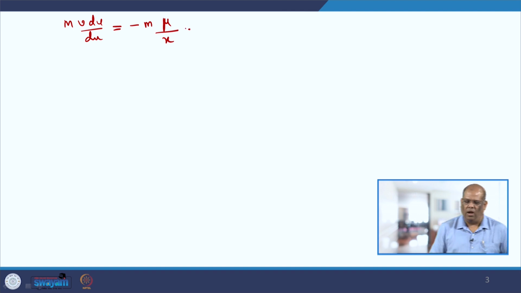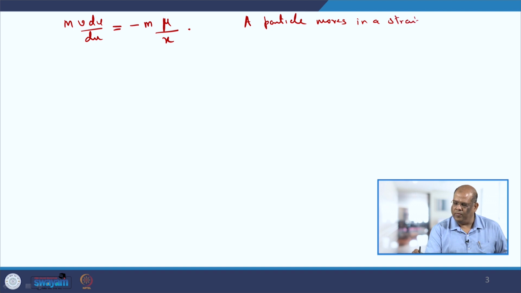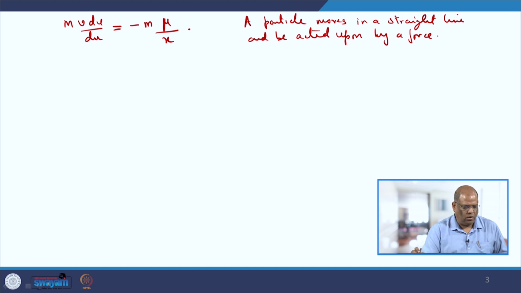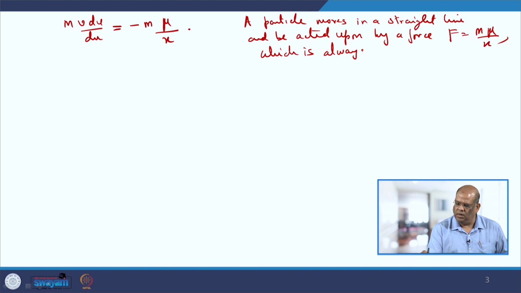So, this is our model, and we say a particle moves in a straight line and is acted upon by a force F, which is equal to m mu by x, which is always directed towards a fixed point.